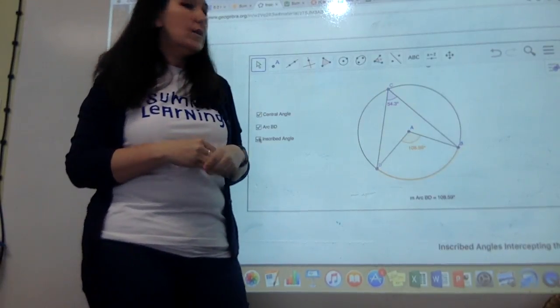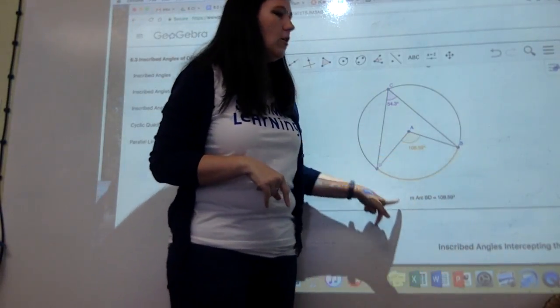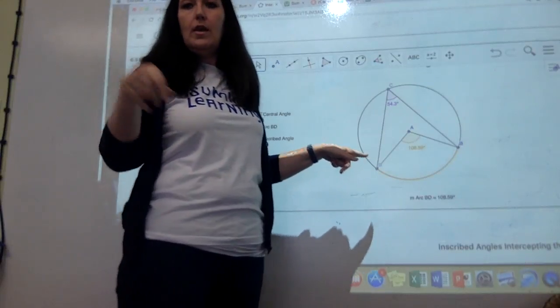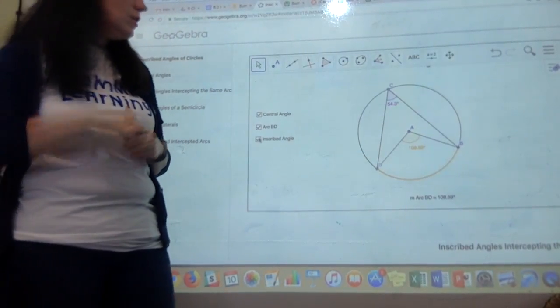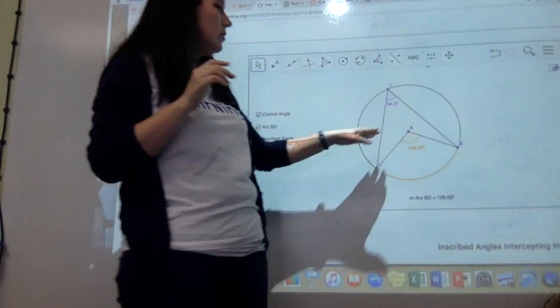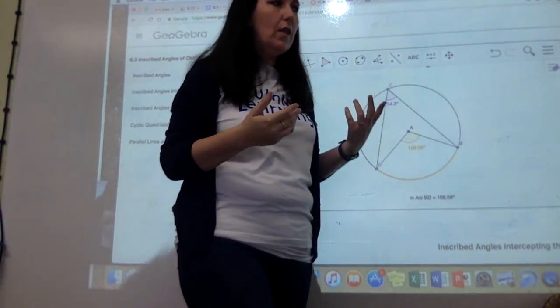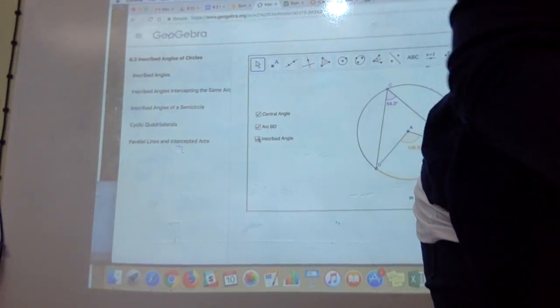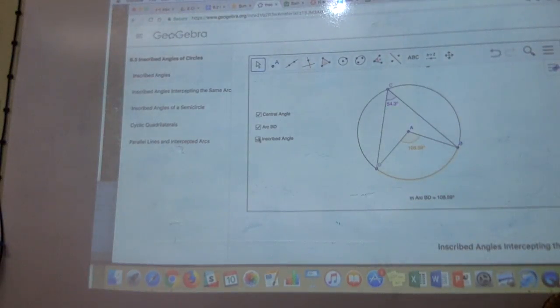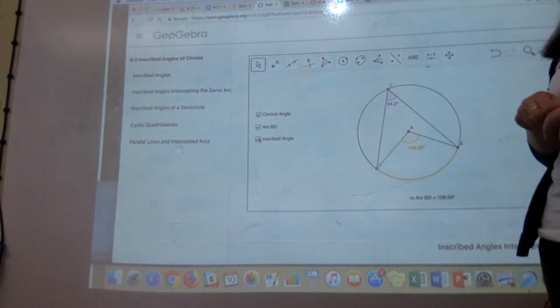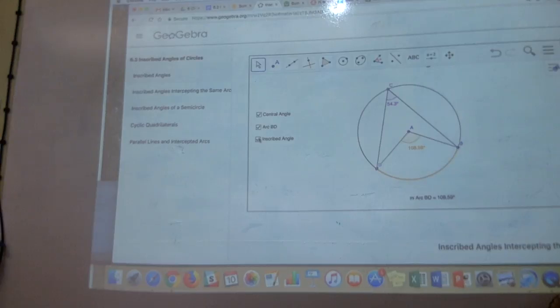Does that make sense? So if you want to make a note, first of all, you can draw what the central angle is. You can use other angle measures, like 108, or just make it 100 or whatever is easy for you.